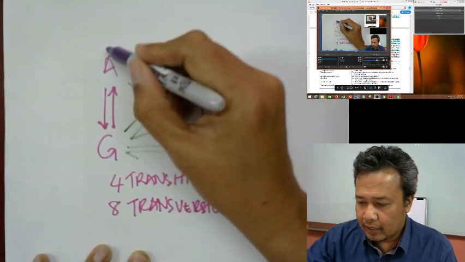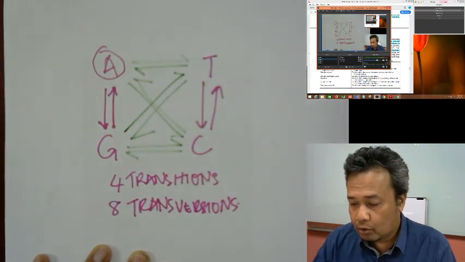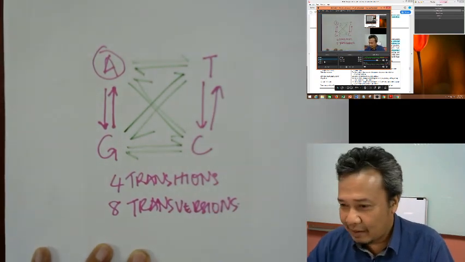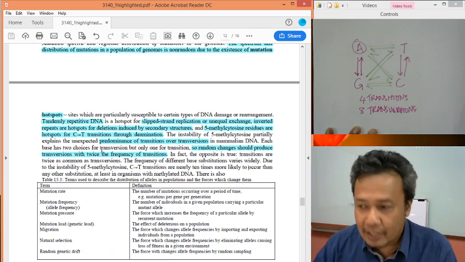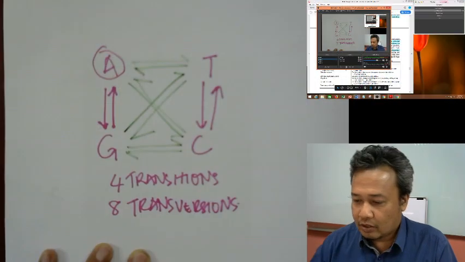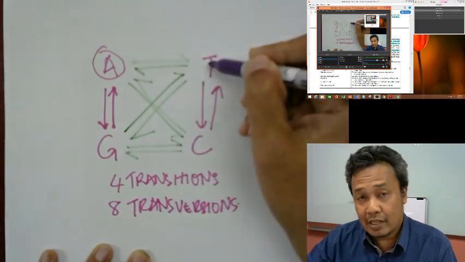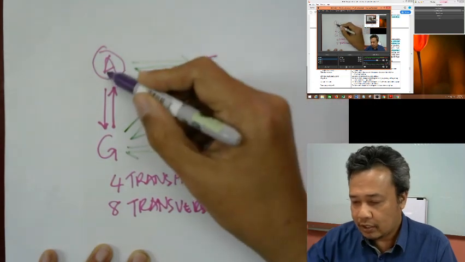Let's say we look at A. Each base has 2 choices for transversion and 1 choice for transition. So this base A has 2 choices for transversion. That means it can change into a T or a C, transversion, but it only has 1 choice for transition, A to G.